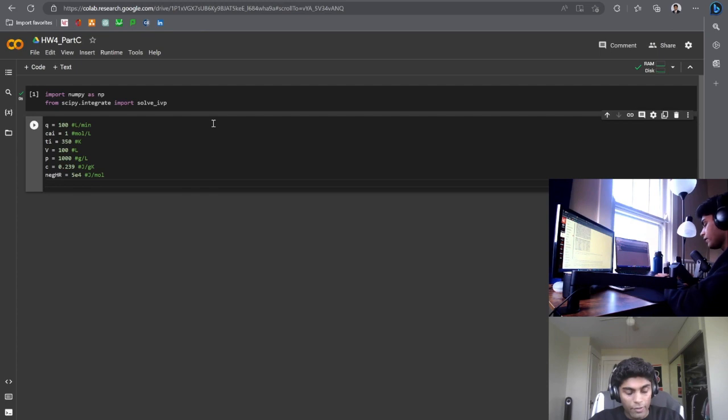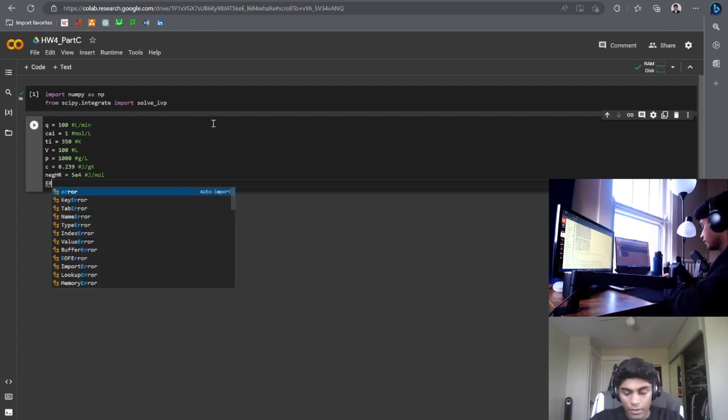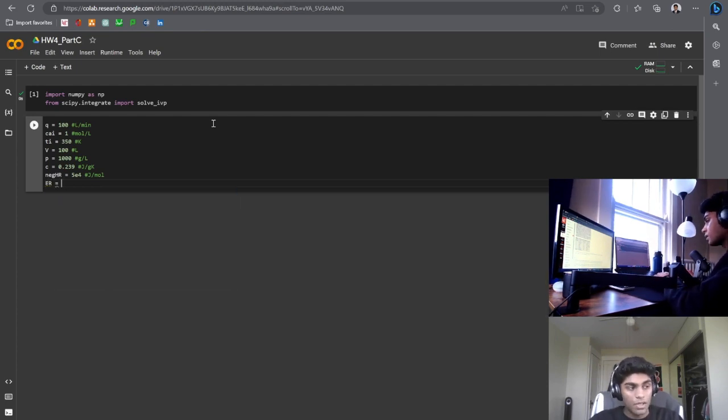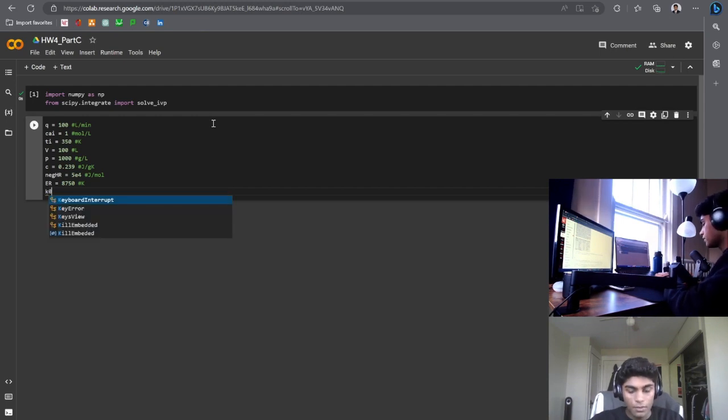Let's see, we have our E over R, which is going to be equal to 8750 Kelvin. We have our initial rate constant, which is equal to 7.2 times 10 to the 10th inverse minutes.